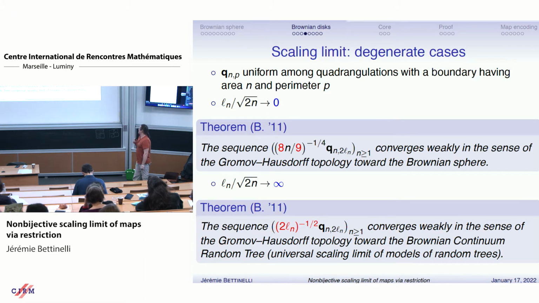I didn't put it on the slide, but Cyril Marzouk has some more general results than that. He can actually generalize this to many other models of maps. As I said, the result I cited for the sphere also works in this setting.